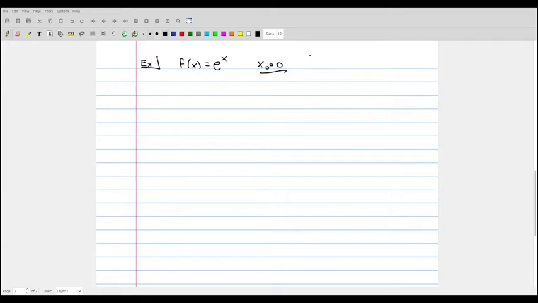By the way, when we do a Taylor series expansion around 0, this is sometimes called the Maclaurin series expansion.